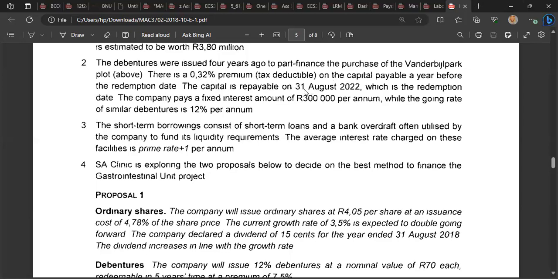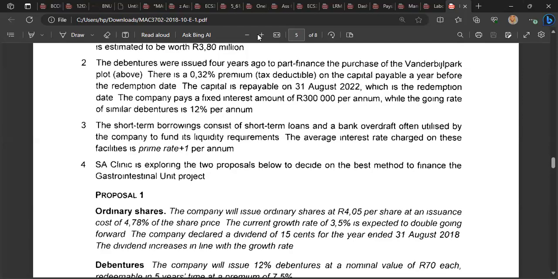This is redeemed at year 4. If this is redeemed at year 4, then the payment of this premium is going to be done at year 3. So we need to take that into consideration.